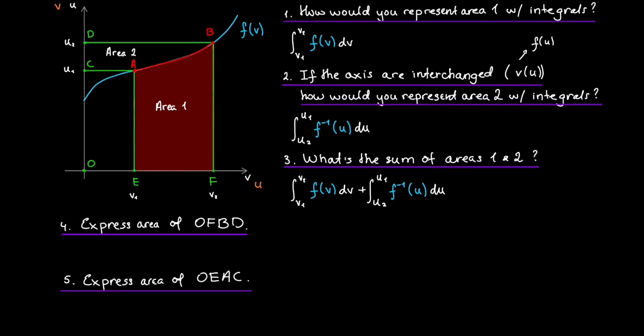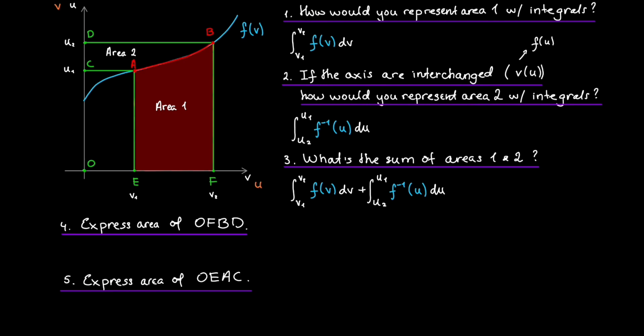Now, the next 2 questions are quite easy. It says, express the area of OFBD. So in this case, the area would be this one, this big rectangle right here. Now that we know the corresponding x and y variables, it means we know the width and we know the length.